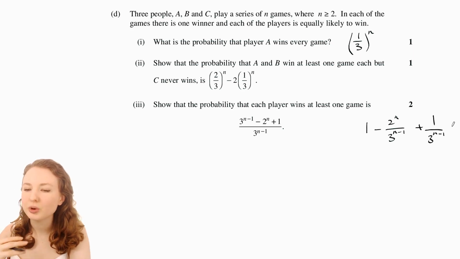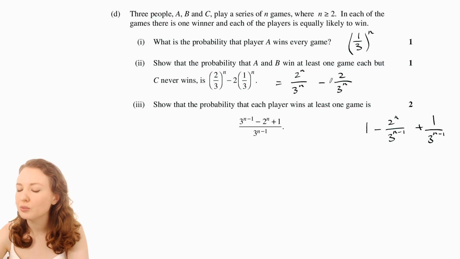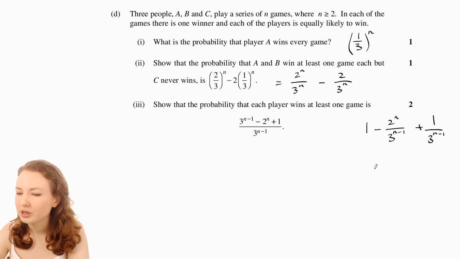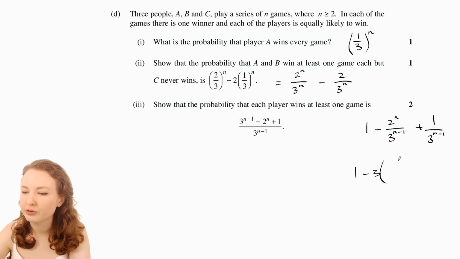And then you could probably guess that this would be involved somehow. Now this is 2 to the n on 3 to the n minus 2 on 3 to the n. So if you multiplied this by 3, that would actually give you this bit. So you could think, okay, maybe it's 1 minus 3 times the bit from part 2.